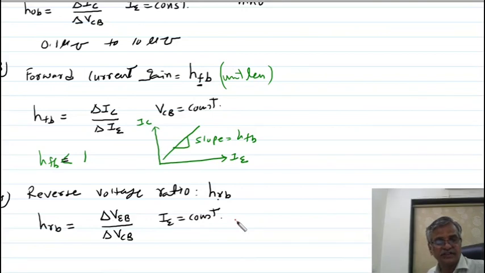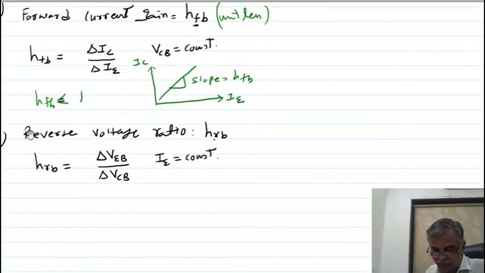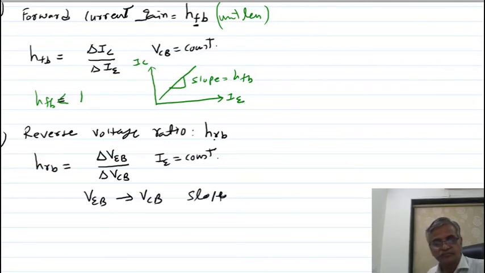It is unitless. You can find it from the input characteristics, and also you can plot the graph of VEB versus VCB and find the slope, or you can find this parameter from the input characteristics.